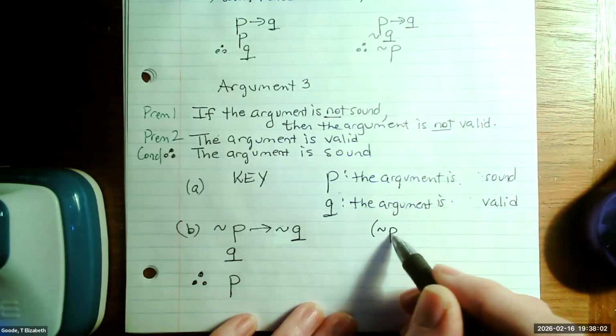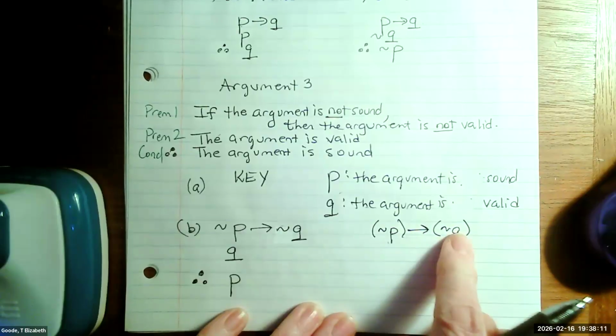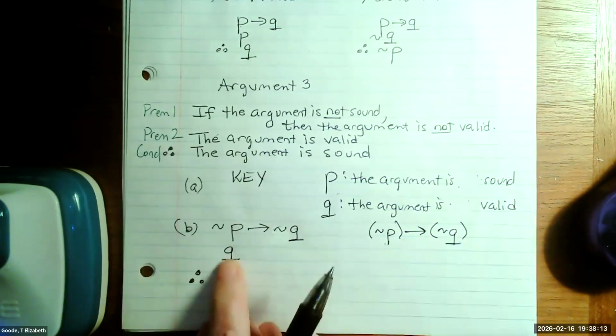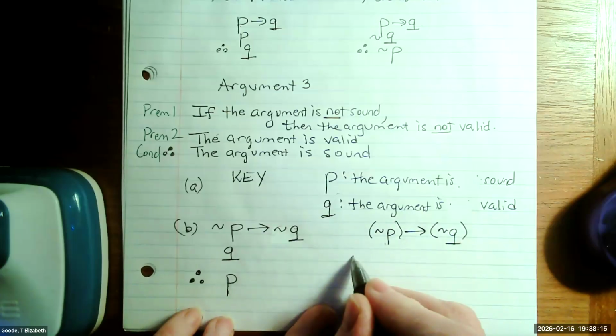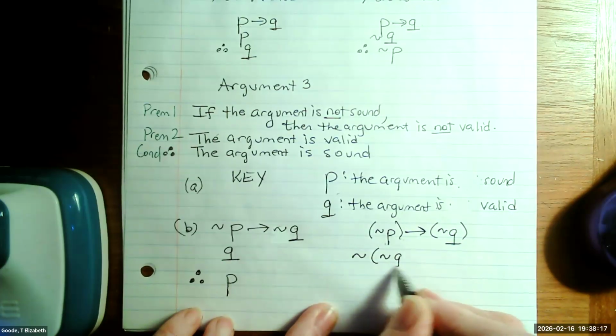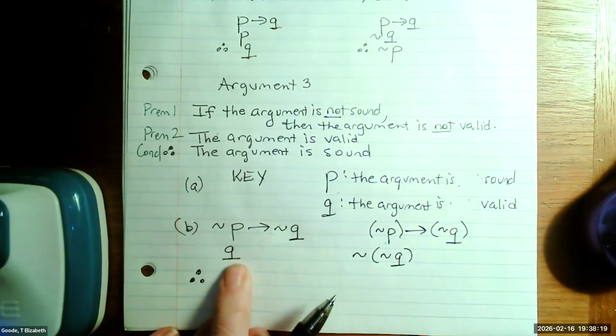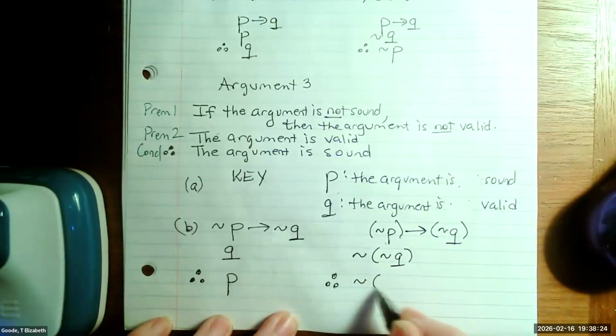Just group not P together and think of it as another letter. And group the not with the Q and think of it as another letter. Now, Q is actually not Q, isn't it? And then you have not P.